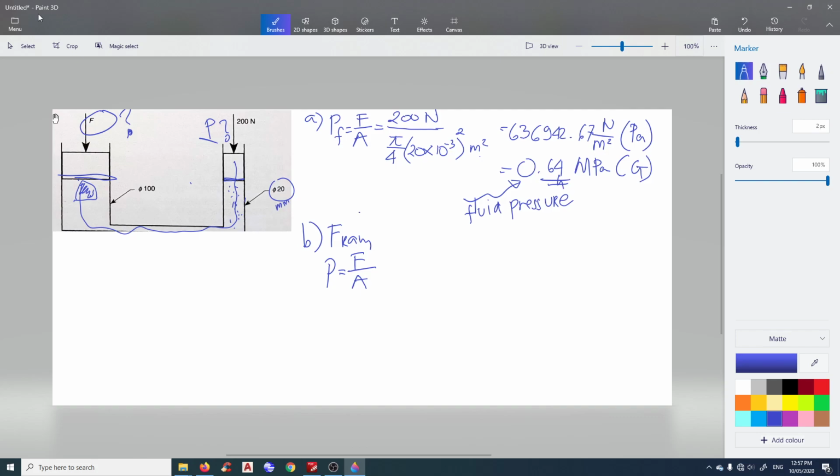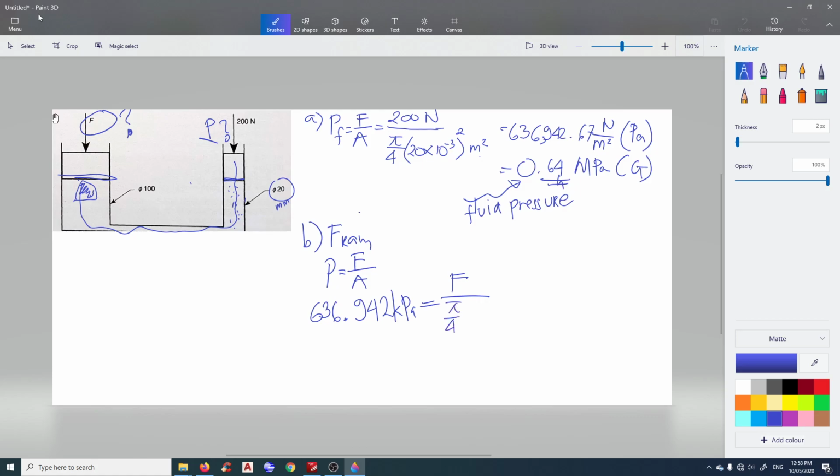We put 636.942 kPa. For this one, I'll make it in kPa. So remember, this is Pascal, 636,942.67 Pascal, so in here 636.942 kPa equals the force of the ram divided by, not the surface area of the small cylinder, but the 100 mm one.